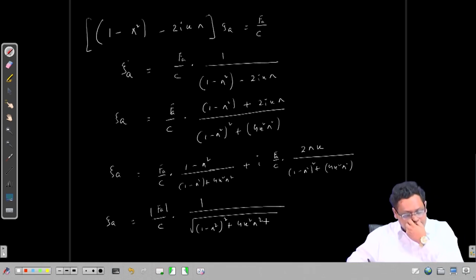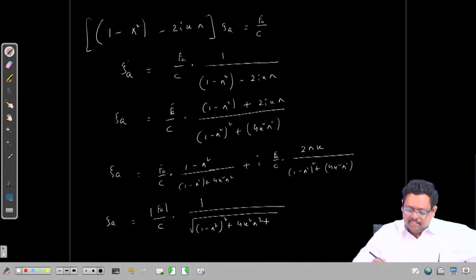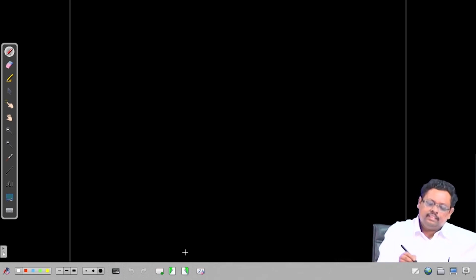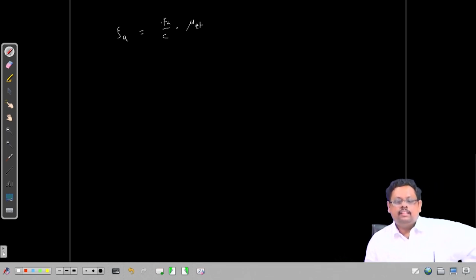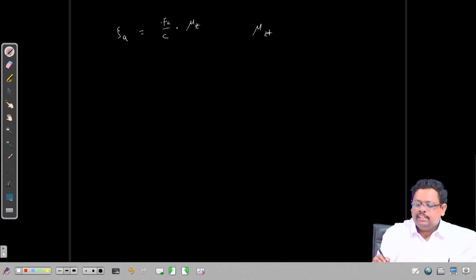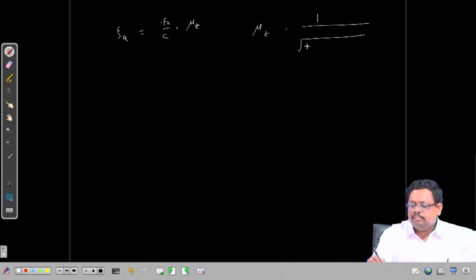So, again we can use further notation. So, again we can use this, it is f a by c, and you can call this some mu z, where this mu z equal to 1 divided by square root of (1 minus gamma square whole square plus 4 k square gamma square).